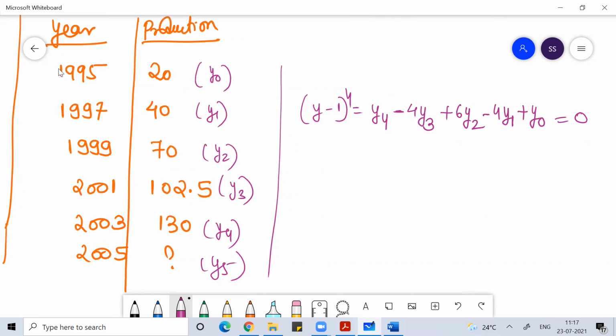Now to find the extrapolated value, I need a second equation.